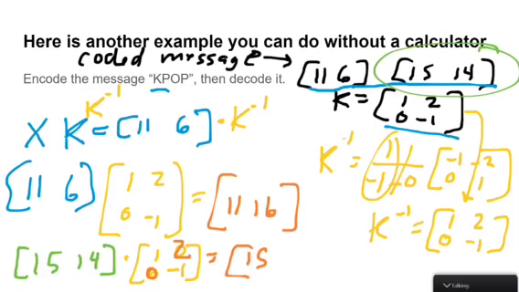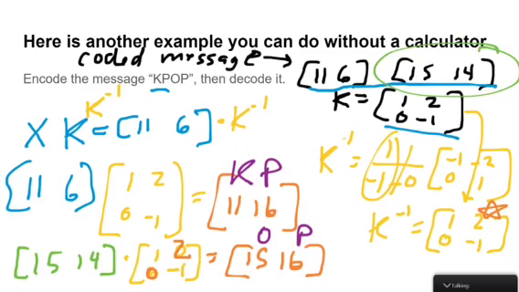Also this is a 2, that's my bad. Should be writing this matrix right here. We're taking the inverse of K. So 15 times 1 is 15, 14 times 0 is 0, add them together, get 15. Then 15 times 2 is 30, plus negative 14 would be 16. And then there's our message. We got K, P, O, P.